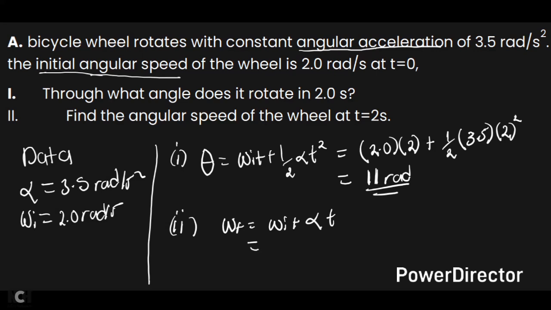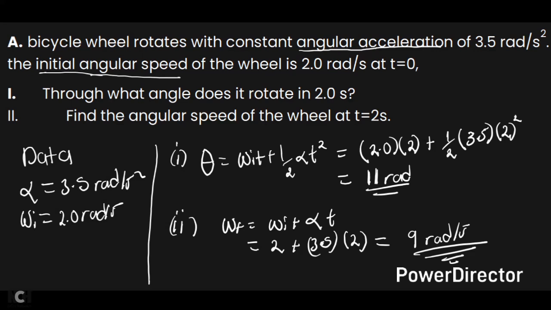The initial is 2, the alpha is 3.5, times 2 seconds. Then your answer will be 9. The units are rad per second. So that's the angular speed of the wheel.